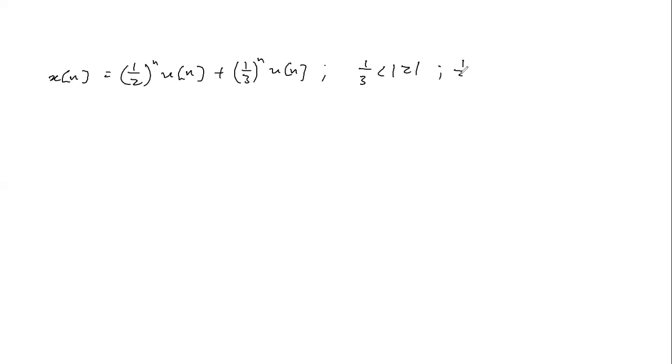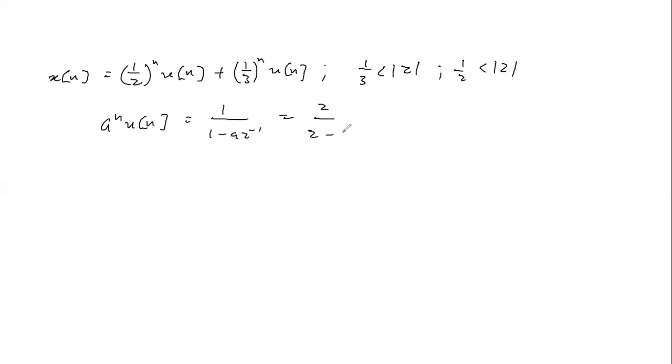So let's assume we have s[n] being the same as (1/2)^n u[n] plus (1/3)^n u[n], and then we have the condition 1/3 less than mod z and 1/2 less than mod z. Now, from the Z transform pair, just like we have in the Laplace transform pair, a^n u[n] is equal to 1 over 1 minus a z^-1, okay?